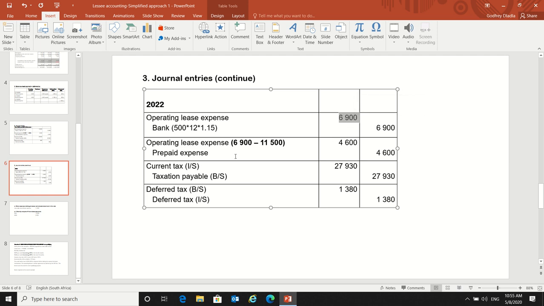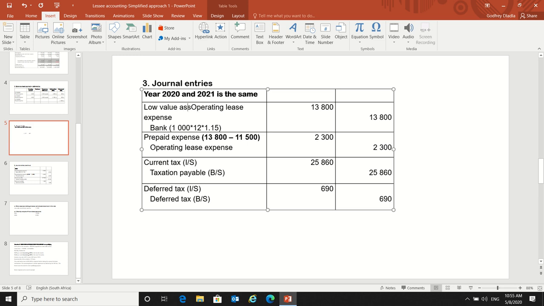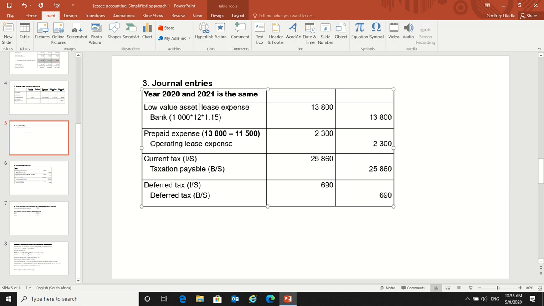Okay, then once we have that operating expense of 6,900, in some books, for example, they will describe this as a low value asset lease expense, like this.